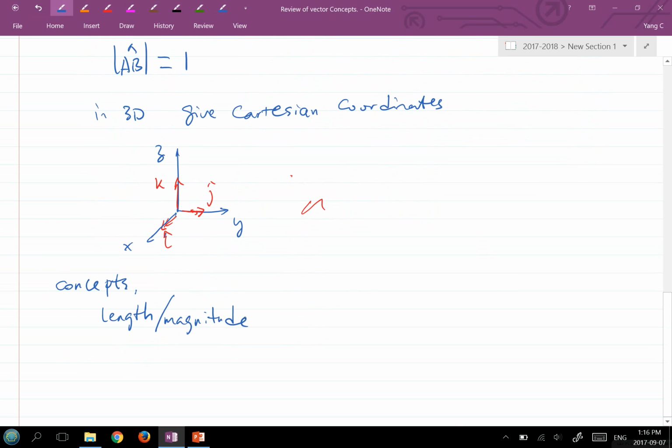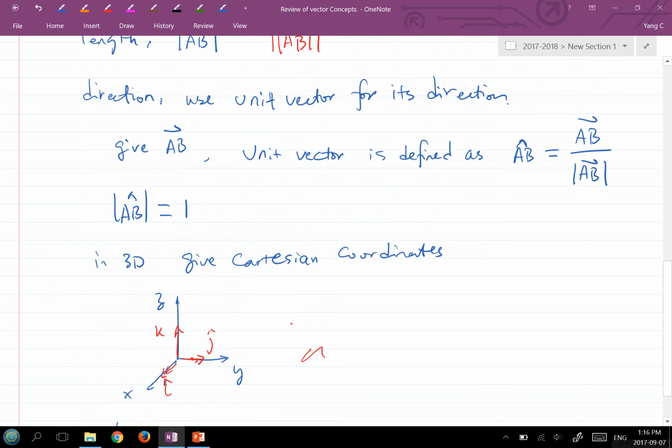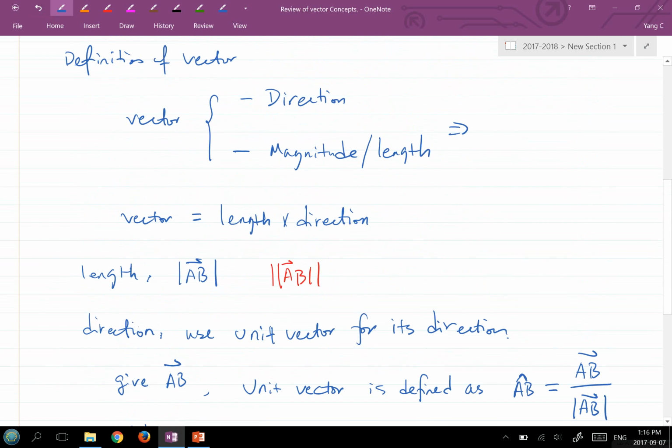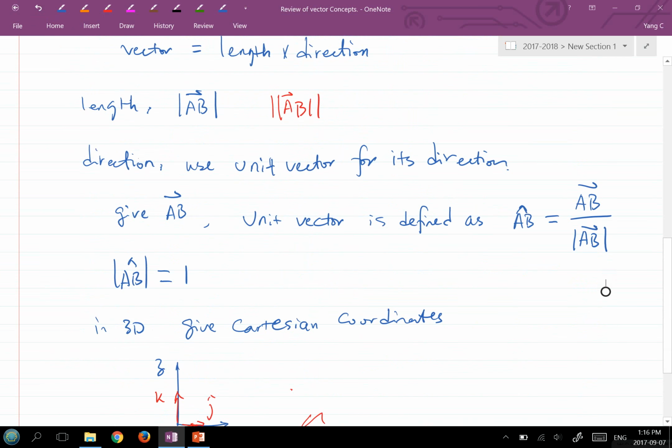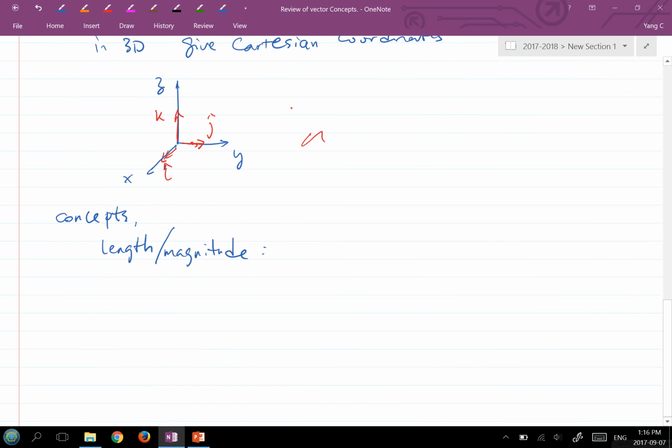We mentioned that in order to find a vector, you need a direction and a magnitude or length. The direction can be obtained by one calculation, and the length by another. So how do I calculate what this AB equals? What's the formula for this?